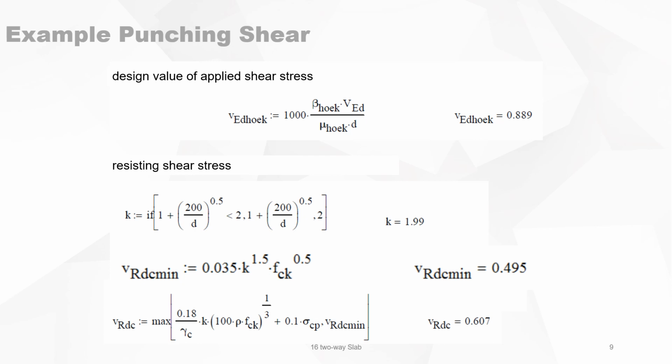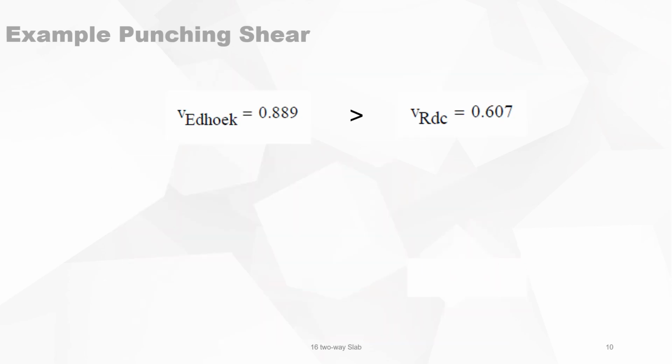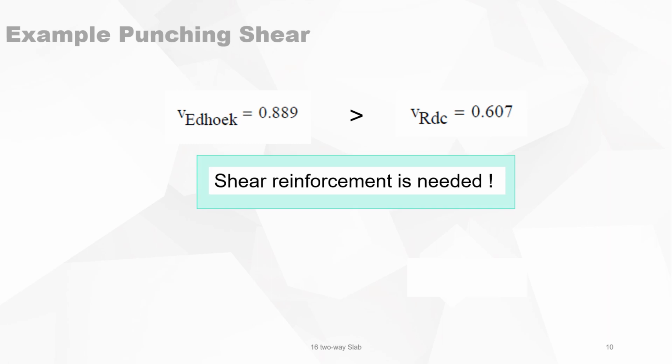And then the shear stress resistance of the concrete alone is the maximum of that, and it is 0.61 megapascal. Now the resistance of the concrete is 0.607 megapascal, and the applied shear stress is 0.889. So this means that we need shear reinforcement because the applied shear stress is higher.